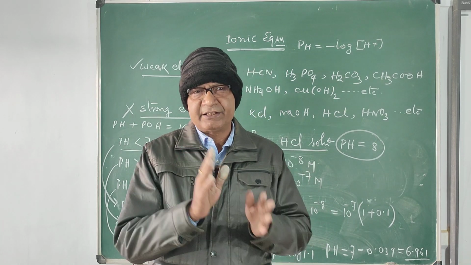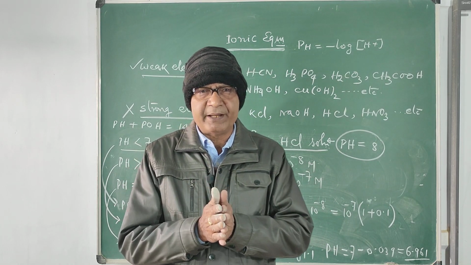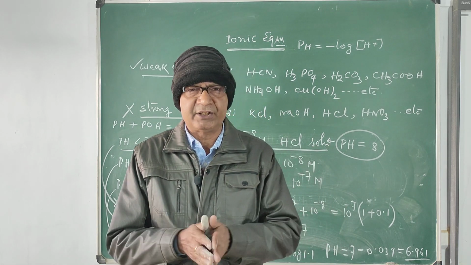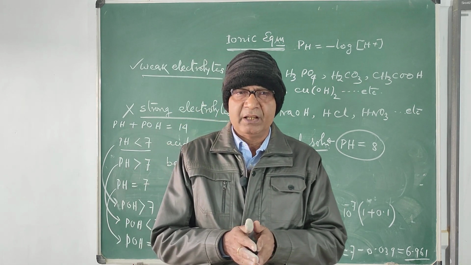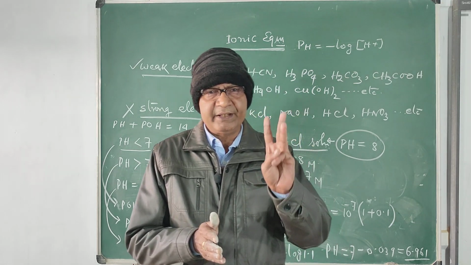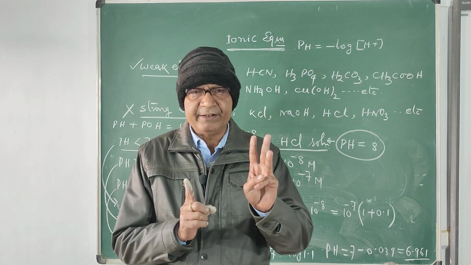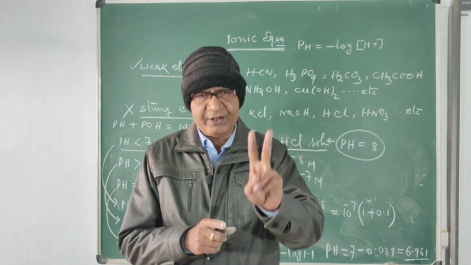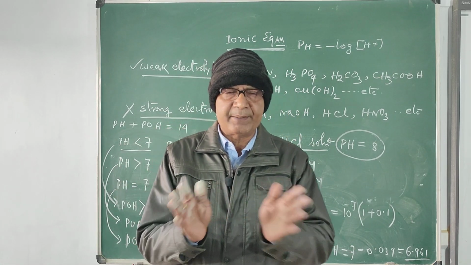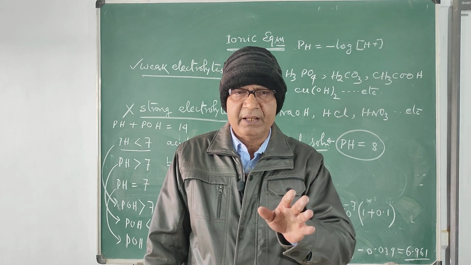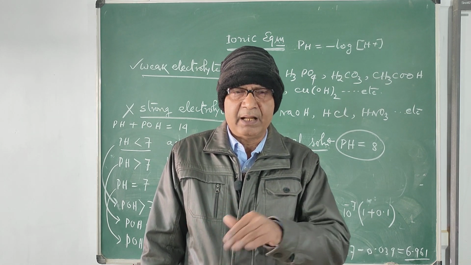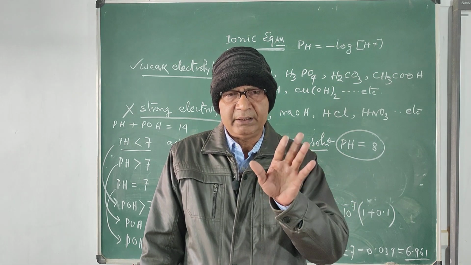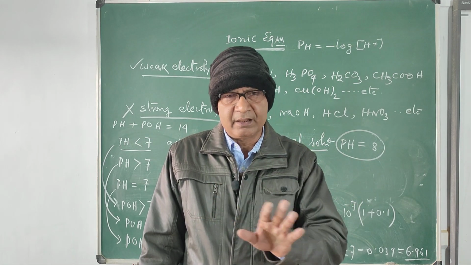The definitions and explanations of acids, bases, and weak acids and bases are given by these three concepts. This concept of acid and base will be discussed in the class itself. I am not doing any board work. It will be explained there. You will listen to me there in the class itself.